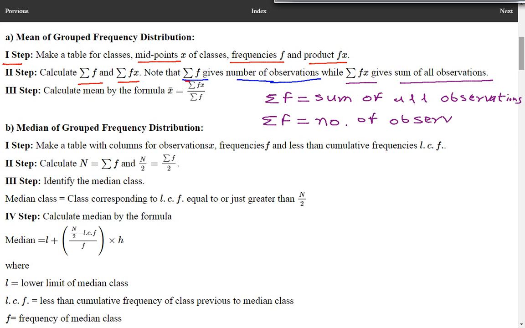So if we divide this, we will get x bar, that is sum of all observations divided by number of observations. This is formula for finding mean. X bar is equal to summation fx upon summation f. So this is how we find mean of group frequency distribution.